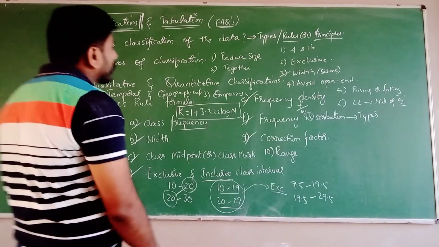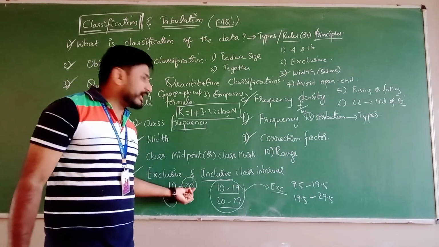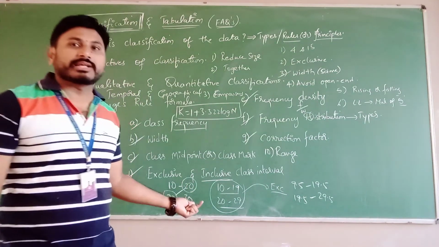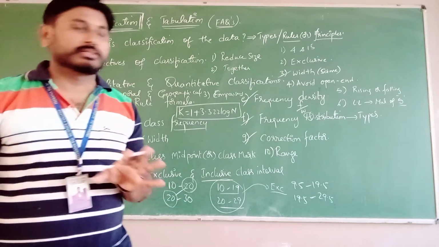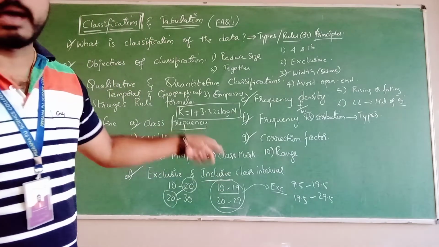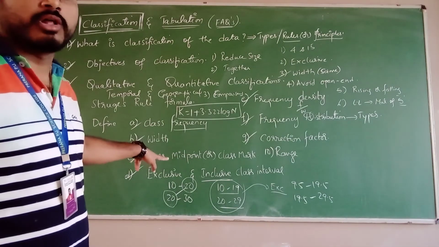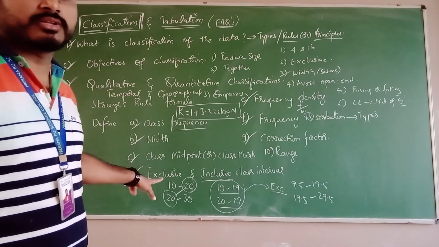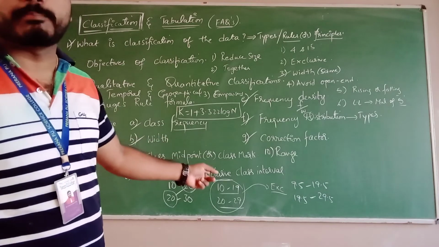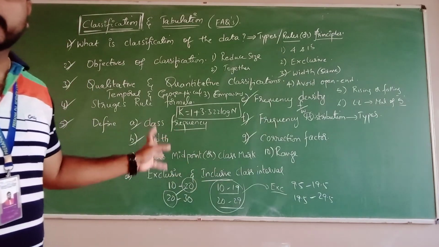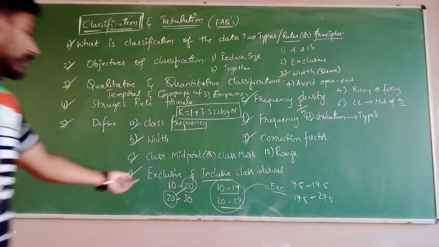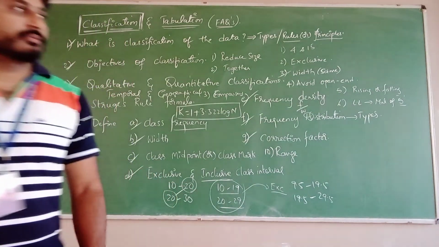The boundaries of the classes, I mean 10, 20, we call class limits, right? Lower as well as upper limit. We can also call them boundaries. The boundaries of the class interval, lower limit and upper limit, we call class limits. This is the lower limit and this is the upper limit.